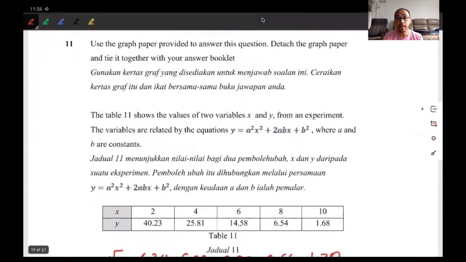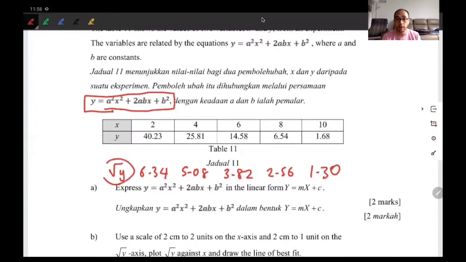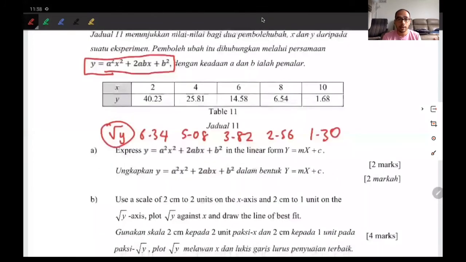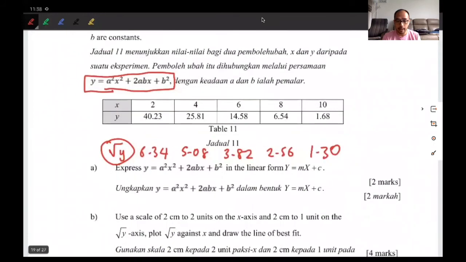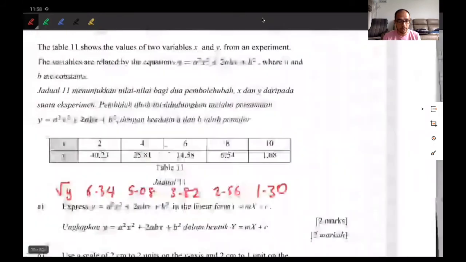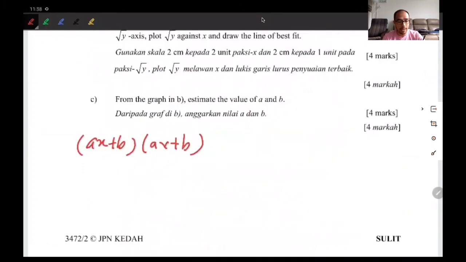Question 11 is actually easy. Cuma yang menjadikannya susah is this thing, and how do I convert it to square root of y? This one memerlukan kamu untuk mengetahui bahasa sebenarnya, that actually is ax plus b and ax plus b.